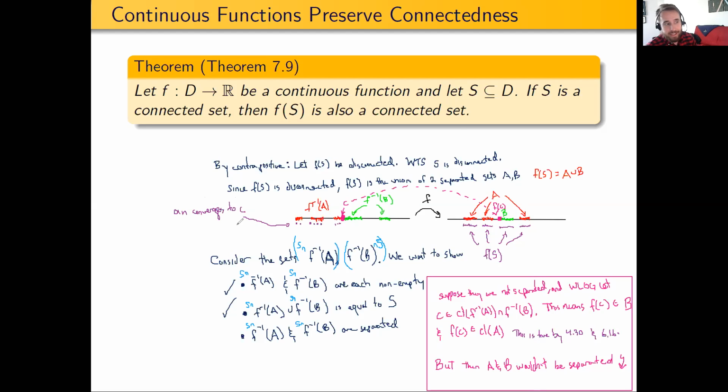It says that if C is in the closure, then this is guaranteed to exist. Now, the sequential criterion for continuity tells us something about what their image, the f of a sub n's, will converge to.